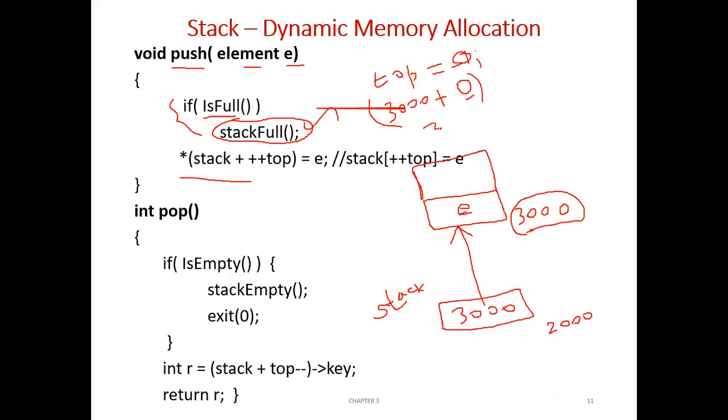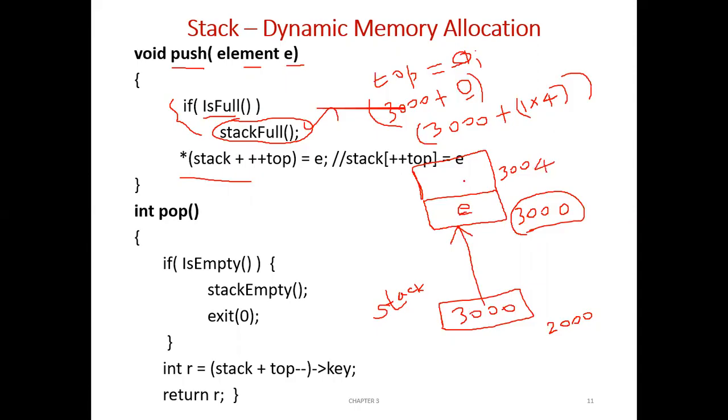Now it will be 3000 plus top. Previously it is 0, now plus top becomes 1. So 3000 plus 1 into 4. The scale factor is 4 because each element occupies 4 bytes. So 3000 plus 1 into 4 is nothing but 3004. So in this location, the next element will come.